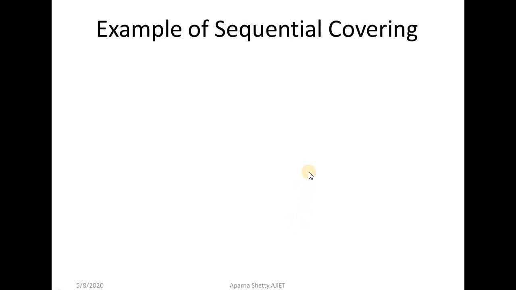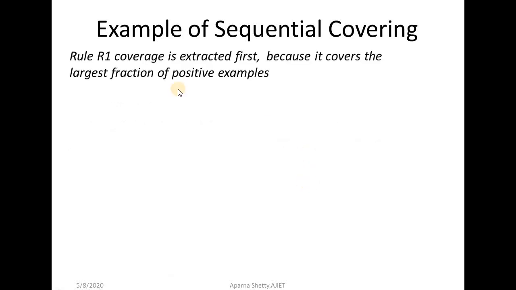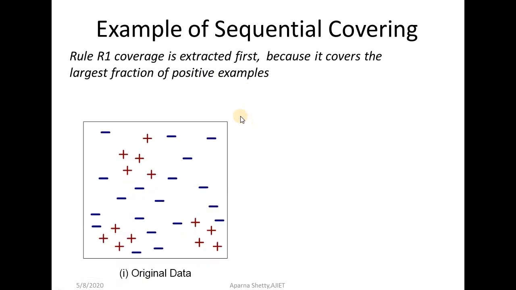Example of sequential covering. Suppose rule R1 is extracted first because it covers the largest fraction of positive examples. Suppose this is the original data and these are the positive examples.